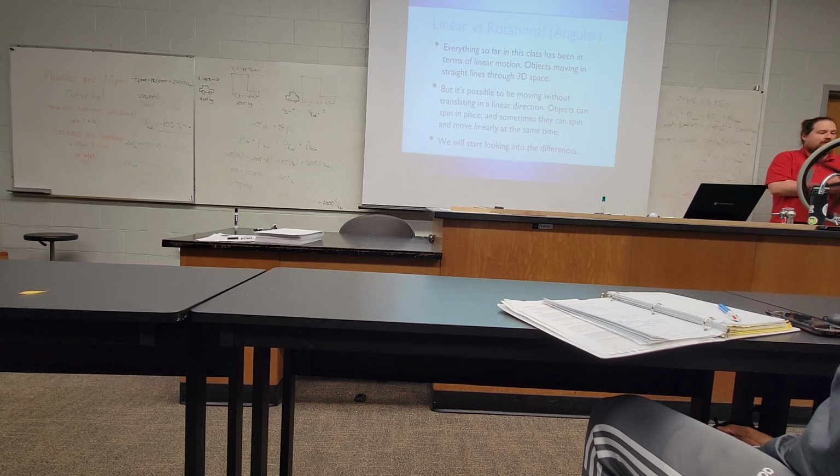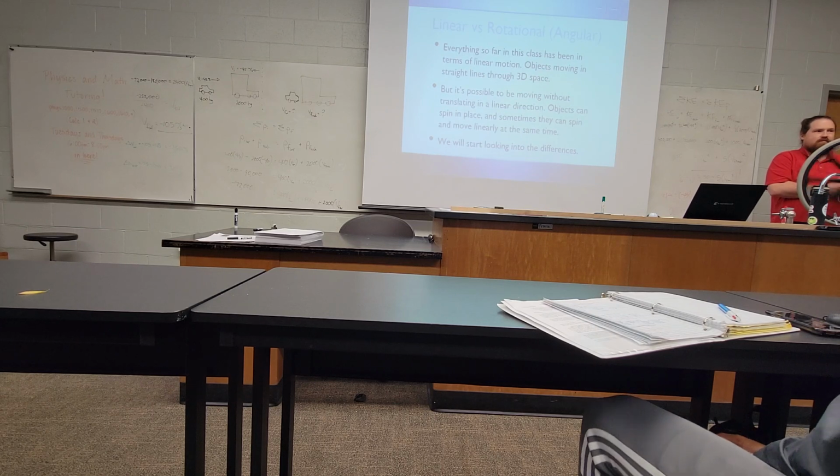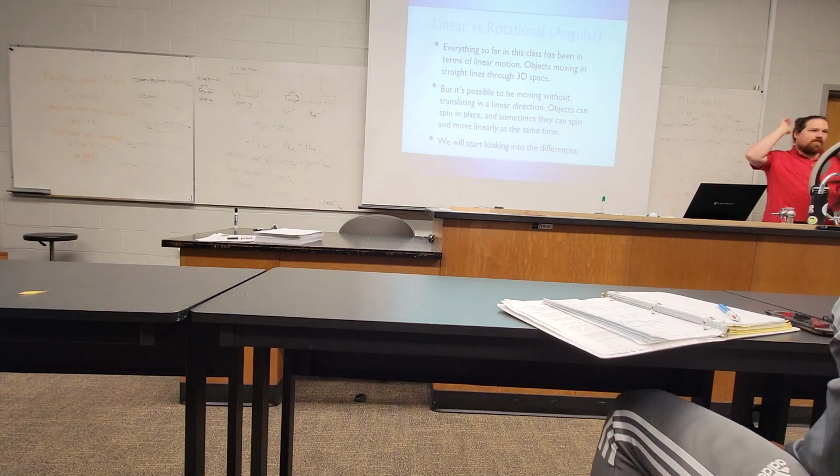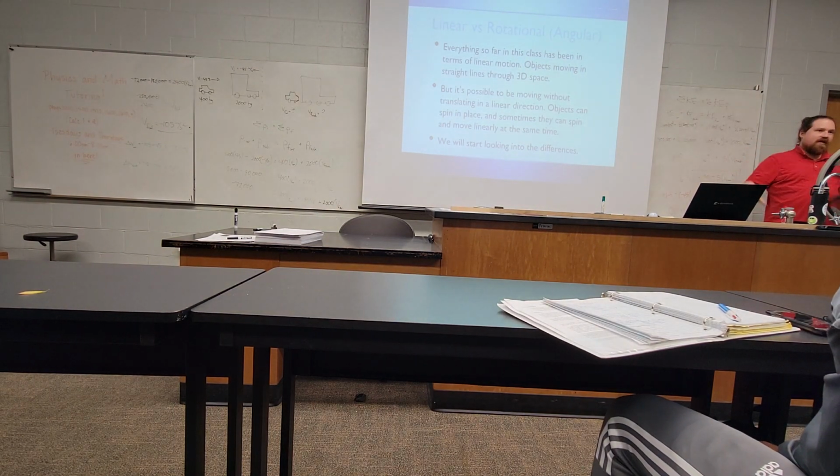Instead, if I ask you how much does this thing move, what kind of information would you think to give me? Like degrees or something? Perfect. How many degrees it rotates through?